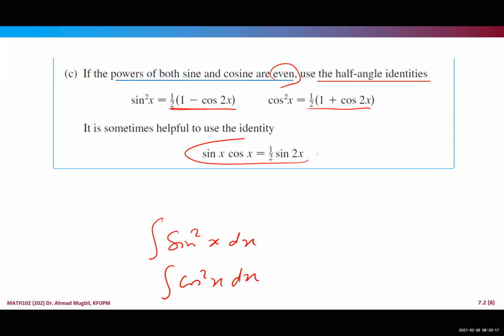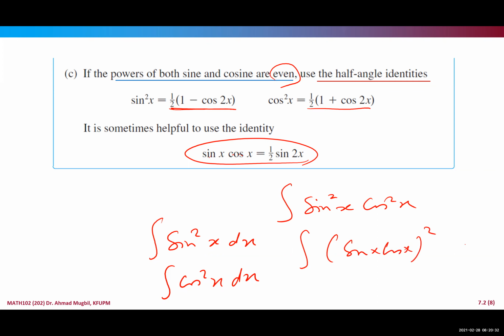Also, sometimes you can use this. If you have sine squared x cosine squared x dx, I will do that with you later. You can write it as sine x cosine x all squared, and then you can use this identity.